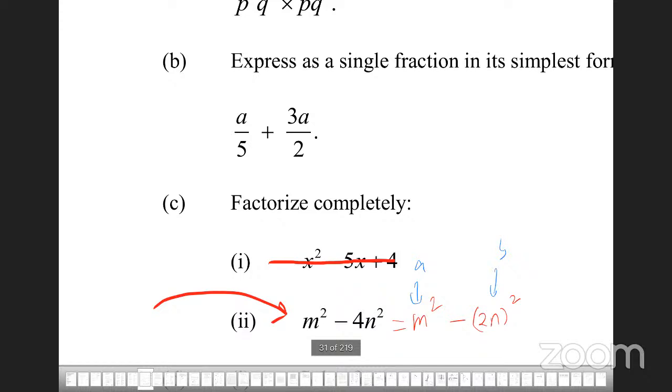Right, Nishad? So write the formula first. How would it be, Ricardo? I get m minus 2n and m plus 2n. Very good. So when you do that question, I just have to put the formula? You gotta put the formula.